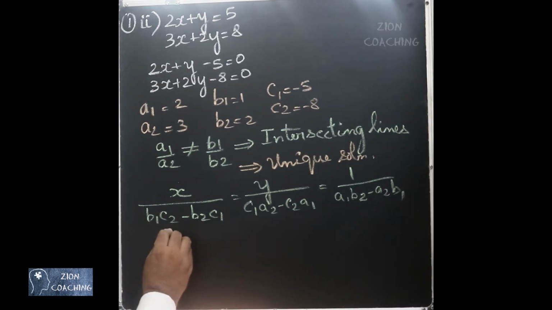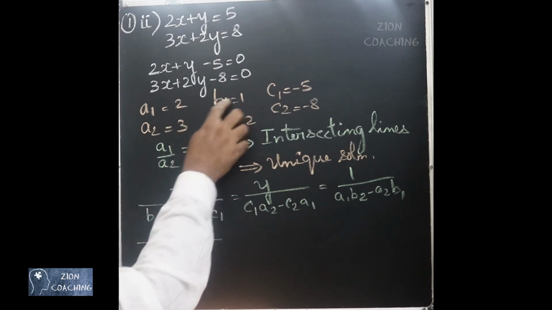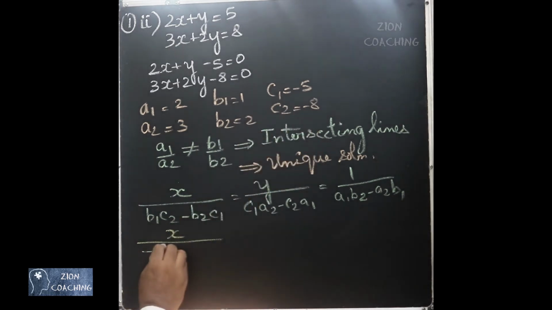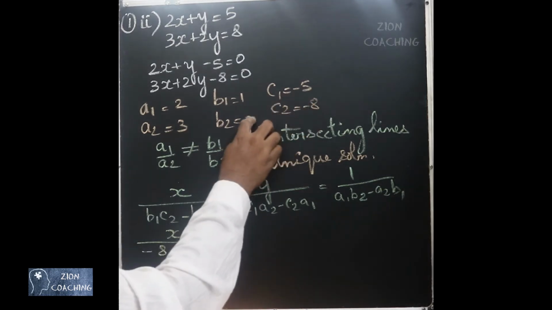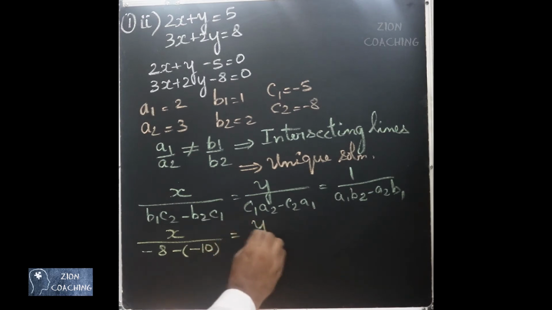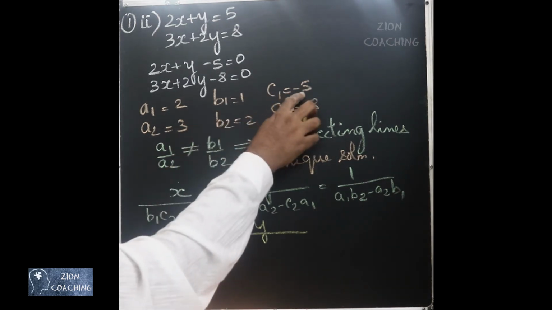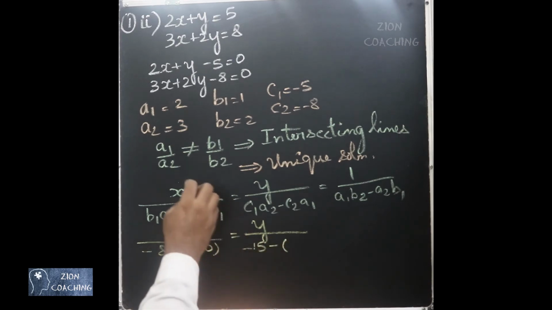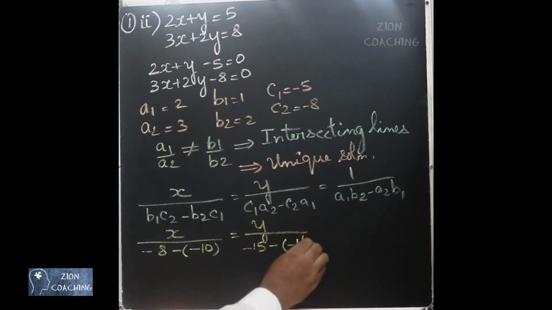When we substitute the values, we will get x by, your b1 value is 1, b1 into c2 is going to be minus 8 minus of b2 into c1. So 2 into minus 5 is going to be minus 10. That is equal to y by c1 into a2, minus 5 into 3 is minus 15, then that minus symbol, then c2 into a1, minus 8 into 2 is minus 16.